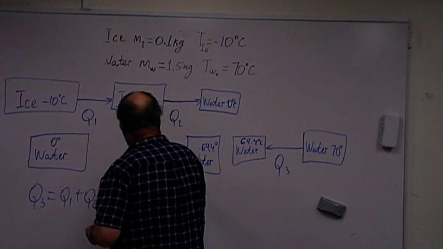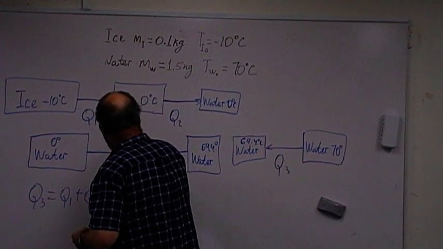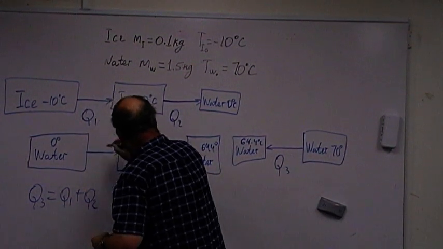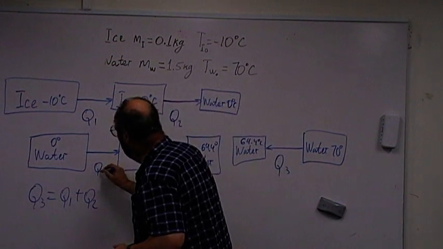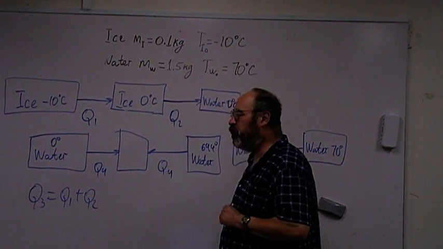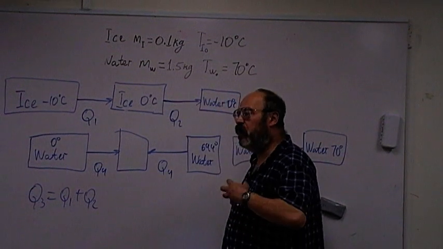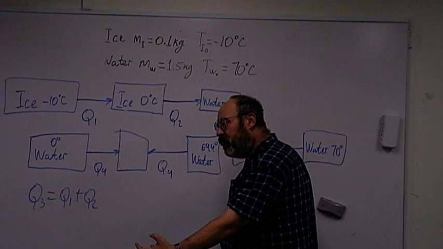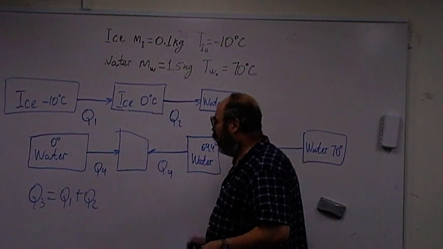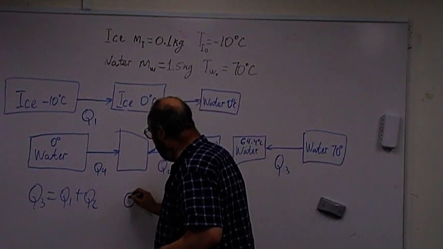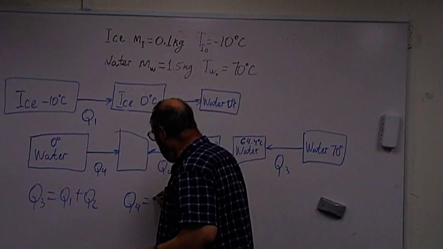And this will give heat, Q4, Q4. I write the same number because as much heat as the hot water gives, that much heat the cold water receives. And we equalize those amounts of heat.